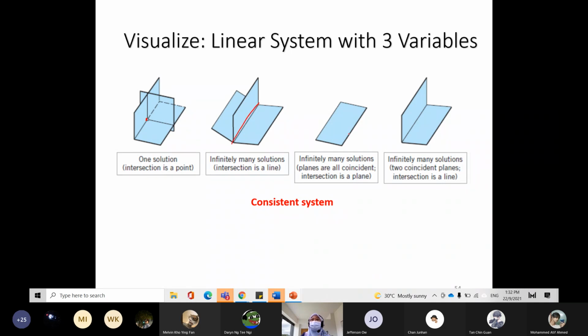Or infinite, where all three planes overlap each other. Another one is where two coincide and another one intersects. So this one we call a consistent system.